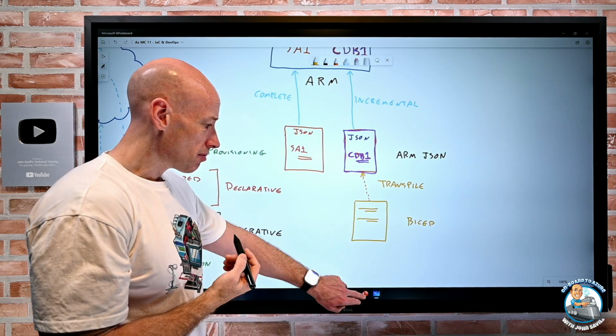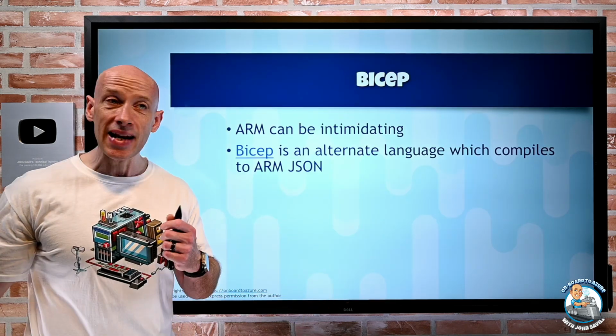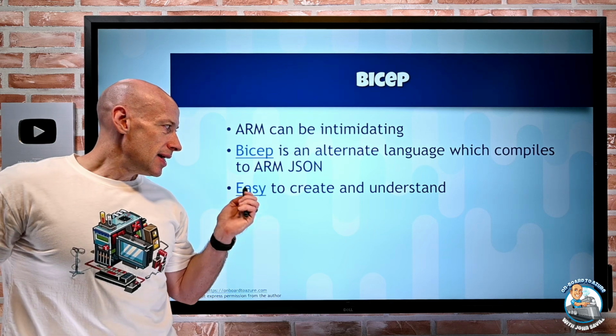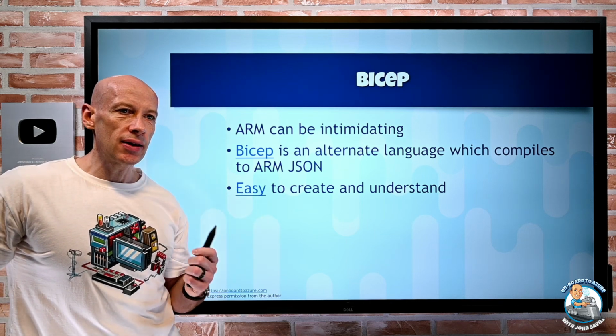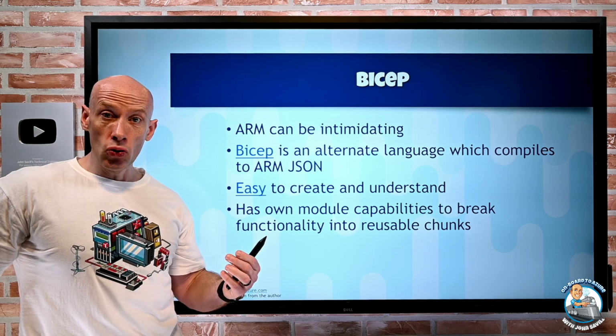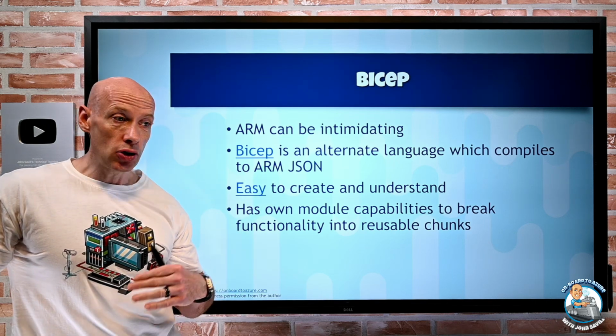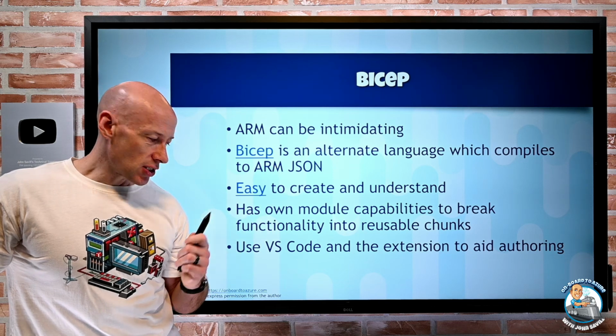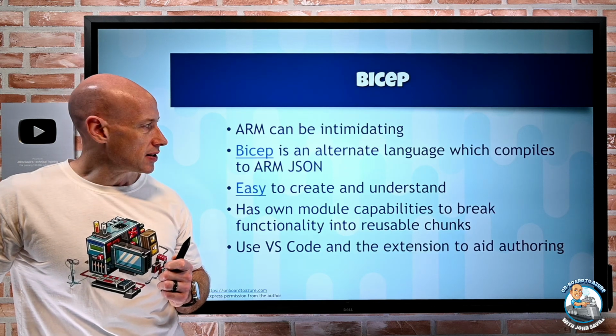And it's got the same capabilities. Again, it's using the same resource providers that ARM JSON is built on. It's just a lot easier to create and understand. It has its own idea of modules, so I can break functionality up and use them for multiple different projects. And again, there's a great VS Code extension.